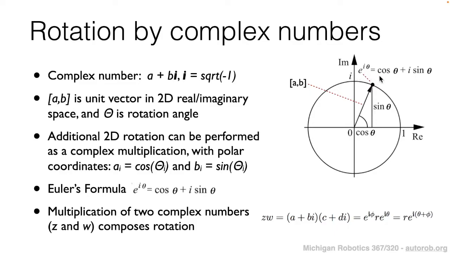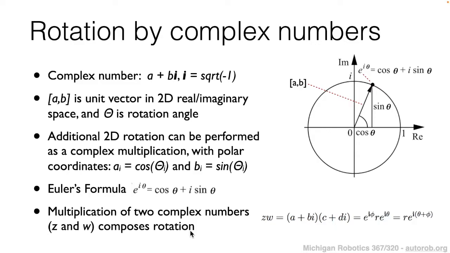The key thing to notice within Euler's formula is that we're expressing this point according to its rotation within the complex plane, where once again this point is a unit vector, so it exists along the unit circle in the plane. The property of Euler's formula that lets us make the connection to rotation is shown in this final bullet.